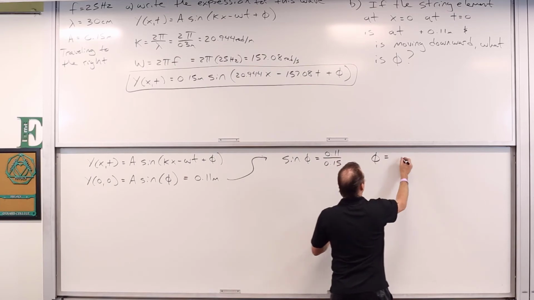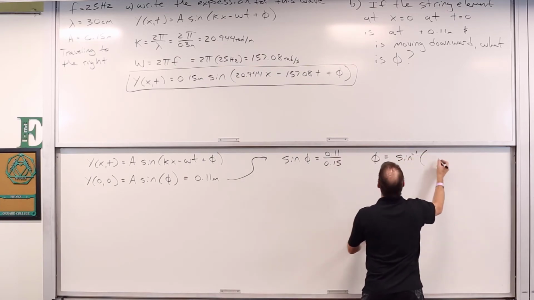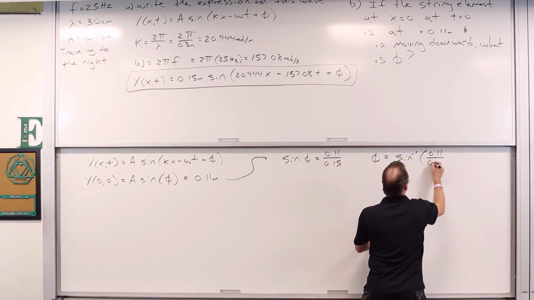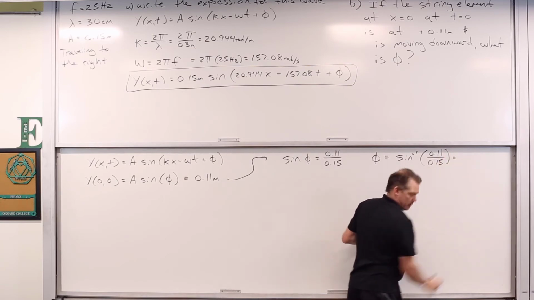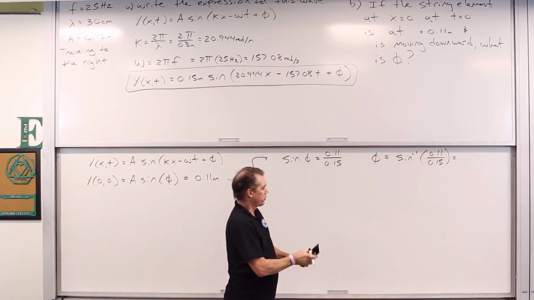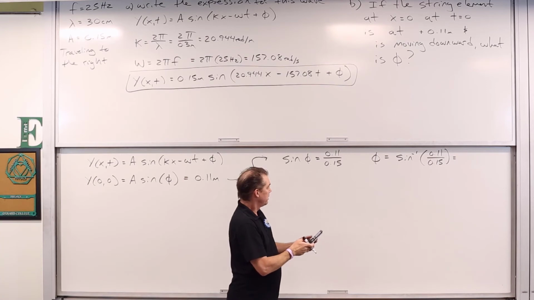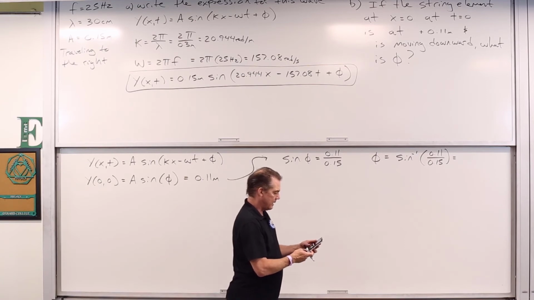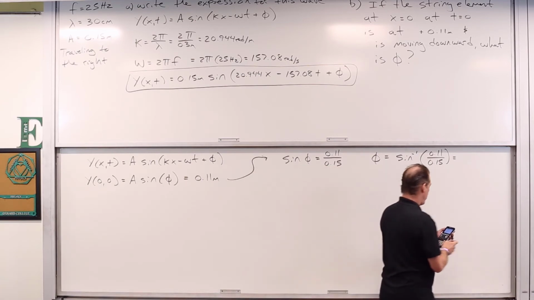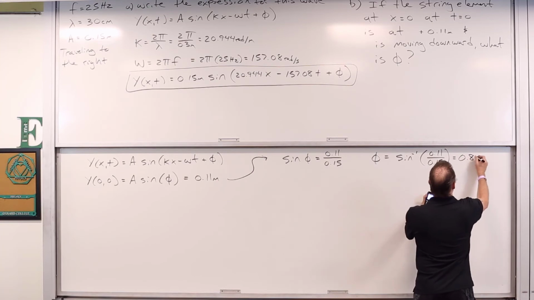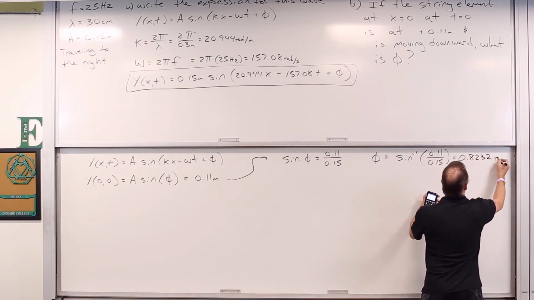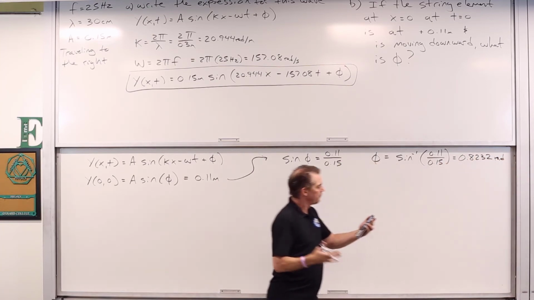Phi is equal to arc sine of 0.11 divided by 0.15. And make sure, again, that we're in radians here. We want phi in radians. And that says 0.8232 radians approximately. There we go.